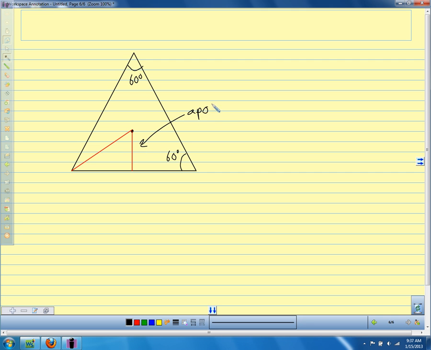This is the apothem. This is the radius. And this is labeled in your homework. In an equilateral triangle, this little red triangle is a 30, 60, 90 triangle. So for these problems in your homework, you're using your rules for 30, 60, 90 triangles to figure out parts of this triangle, and then you have to figure out the area.